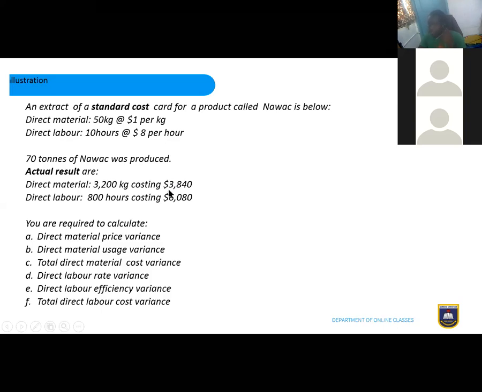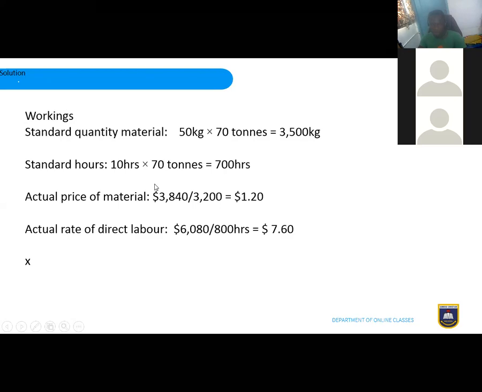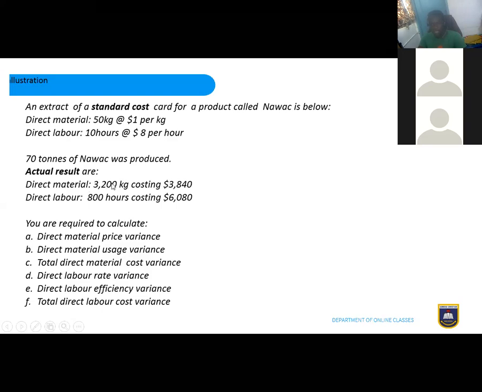So when it's given to you, you must read and understand the question very well. To find our actual price, we have to work it out. The actual price of material: from the question, the total cost was 3,840 and the direct material is 3,200 kg.